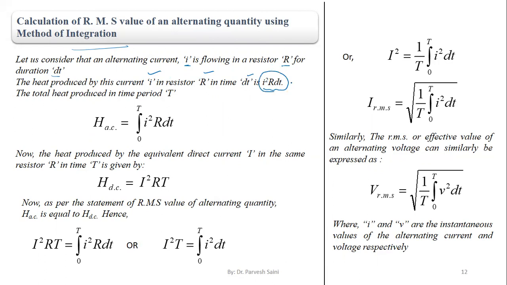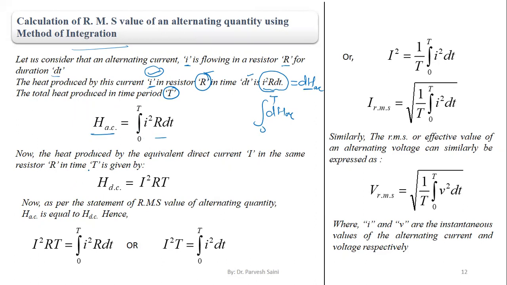Let us say this is dH AC. Now, to find the total heat produced by this current I when it flows in this resistance R for time T, you need to integrate this dH AC from 0 to T. So we have integrated it here.